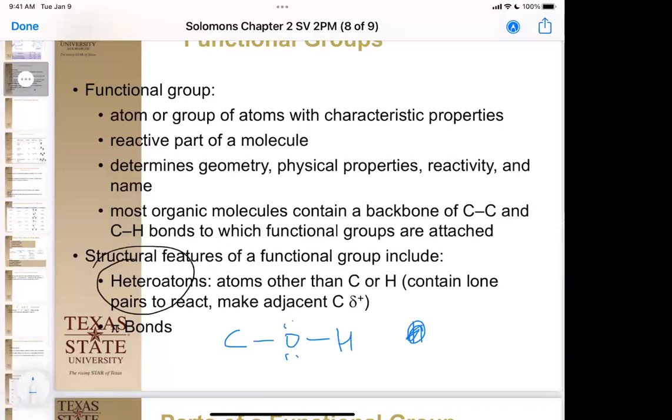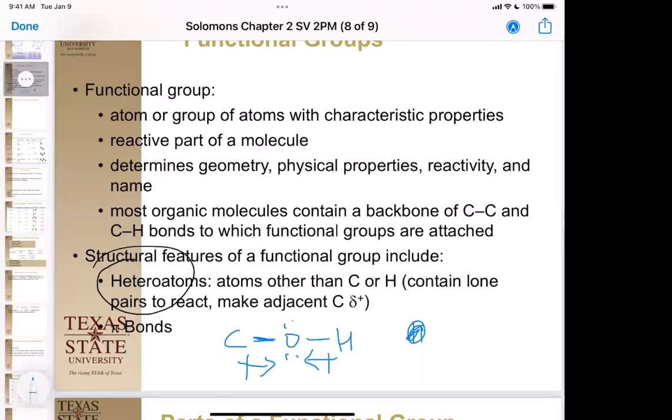There's a polar bond between the carbon and the oxygen. But there's also a polar bond between the hydrogen and the oxygen. And so this gives us places to do stuff. That hydrogen can do something because it has a polar bond. That oxygen can do something because it has a polar bond. This carbon-oxygen bond might do something because it has a polar bond. Okay, so look for the polarity in the bond, look for those differences in electronegativity to give us ideas about where to see our functional groups.